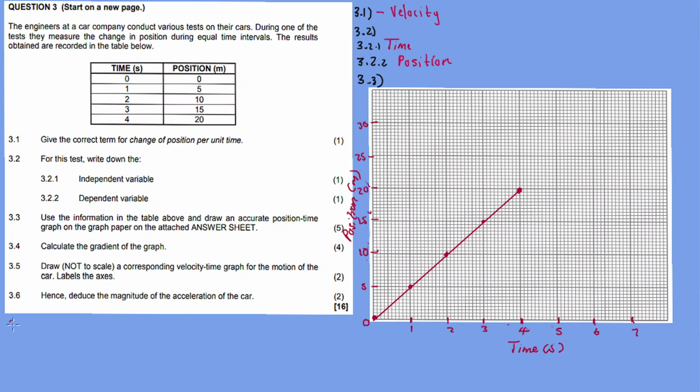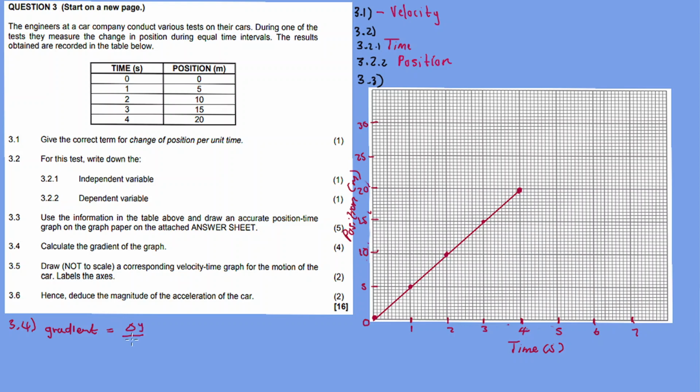Now 3.4: calculate the gradient of the graph. For the gradient you need to choose 2 points. The gradient is equal to the change in y over the change in x.